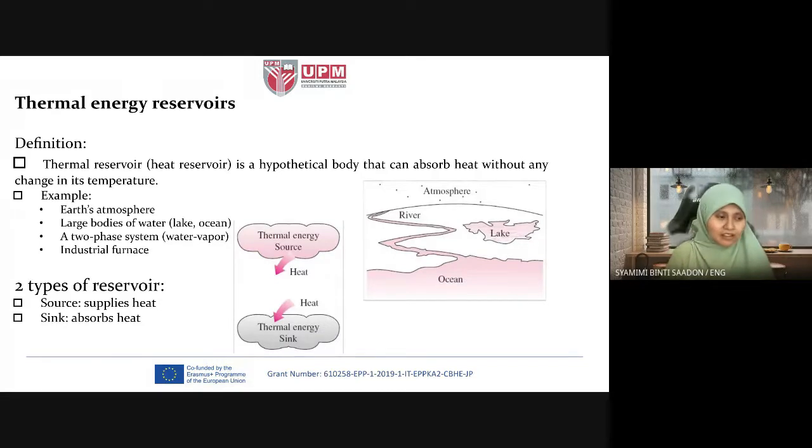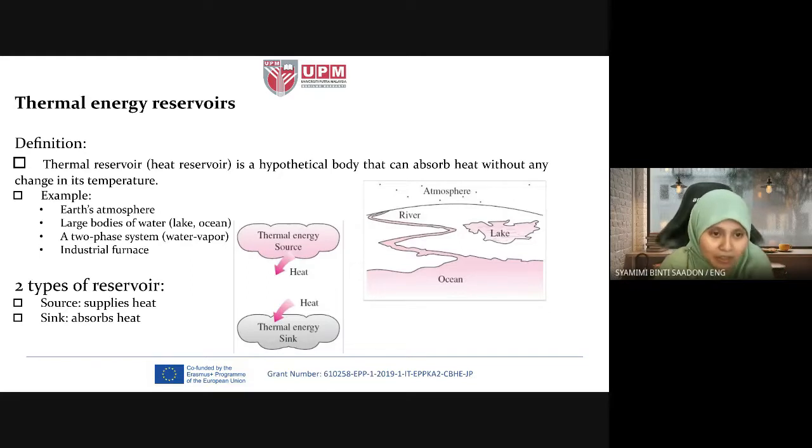It's normally large enough that even though heat is absorbed, the temperature of the reservoir will generally not be affected.